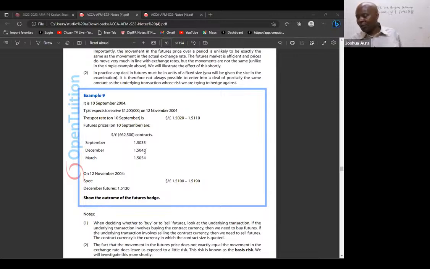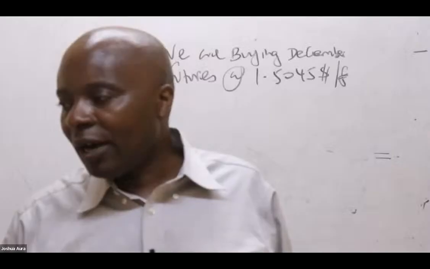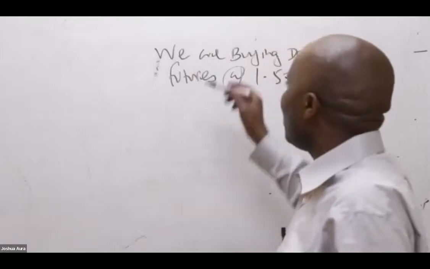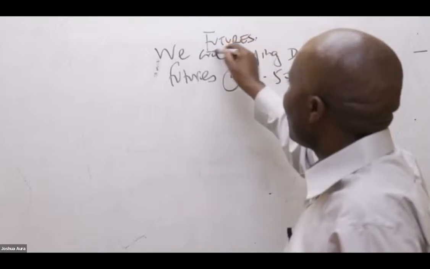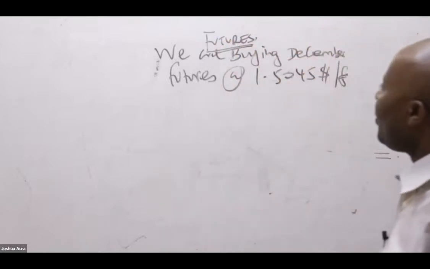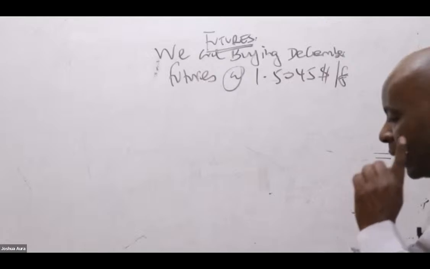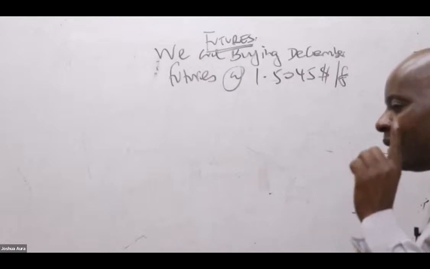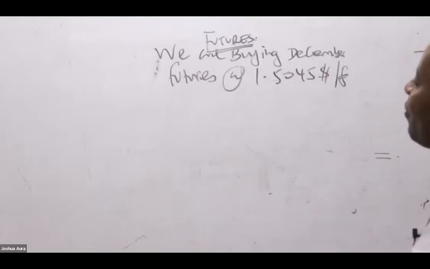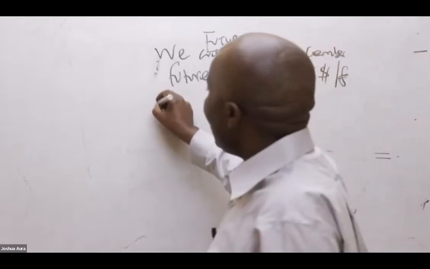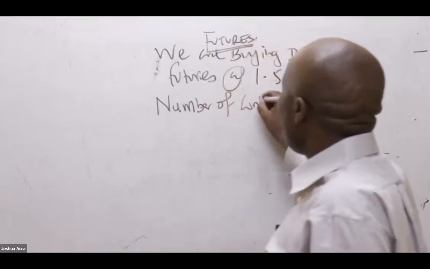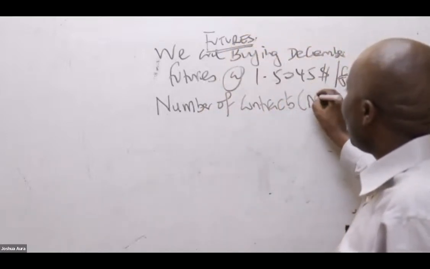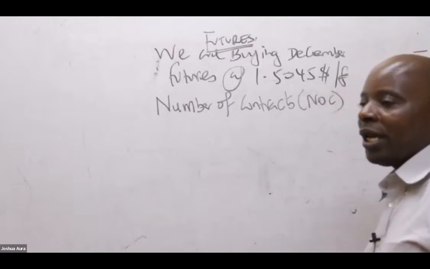Great. I love this. Ladies and gentlemen, please listen to me very well. After you have known that, I hope you guys wrote here futures now. So here they have given me the contract size, then I must calculate what we call the number of contracts, the NOC.